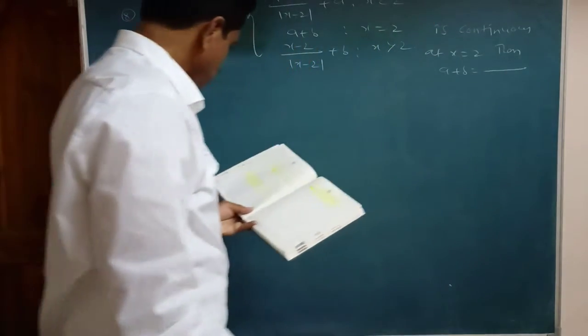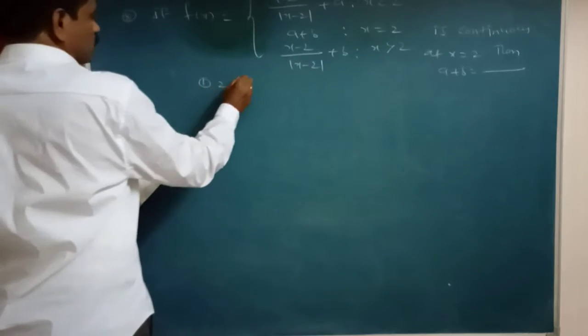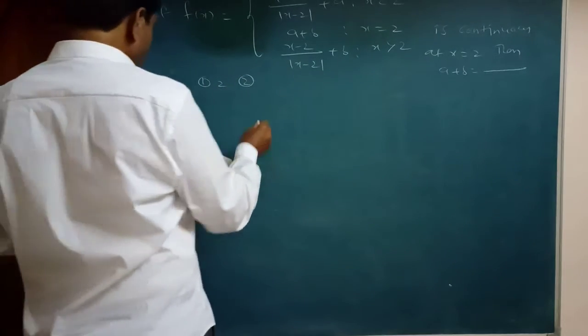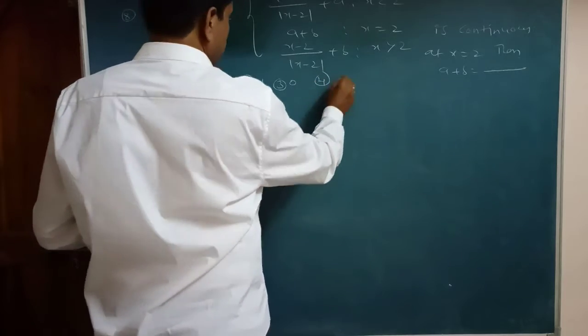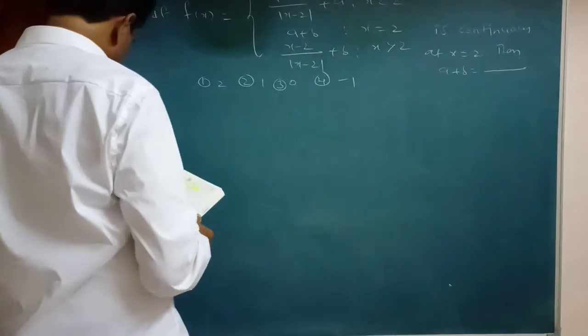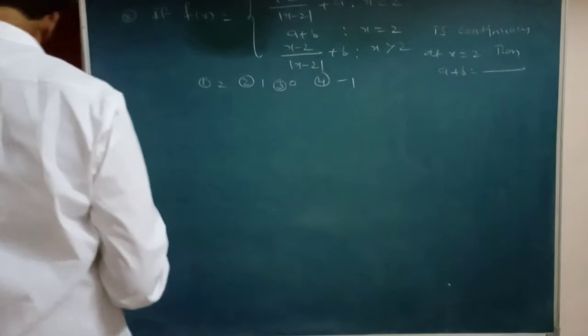So first option is 2, second option 1, third option 0, and fourth option is minus 1.